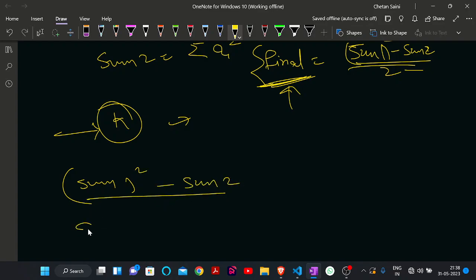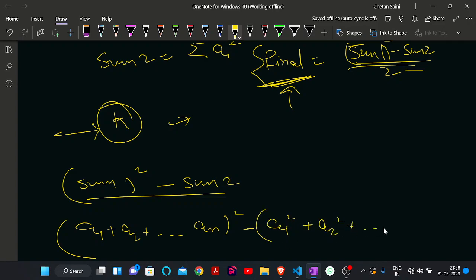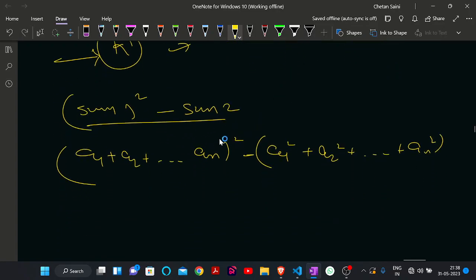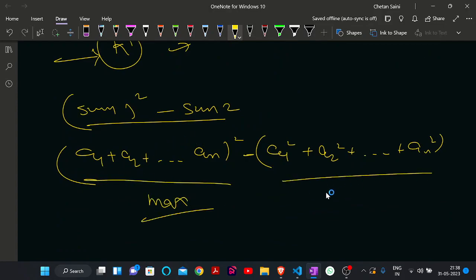This is (a1 plus a2 plus up to an) whole square minus a1 square, a2 square and an square. We want to maximize this, so we want to maximize the first part and minimize the second part, because there is a minus. So we want to minimize this one.